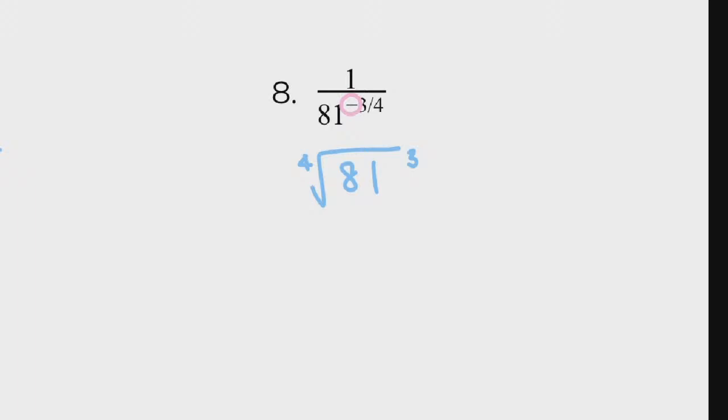So the fourth root of 81 would be what number times itself 4 times would equal 81, and that's 3. So I always do this part first, and then I leave the exponent to do in the next step. So 3 to the third power is 27.